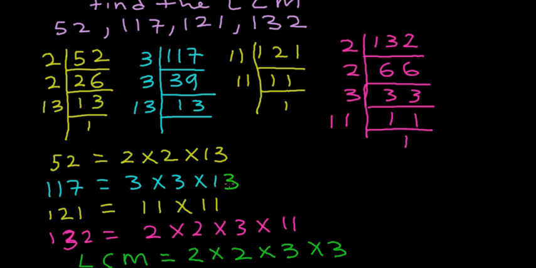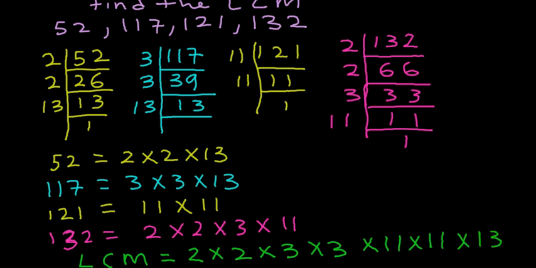Okay, then we go to the next factor, 11. 11 is appearing 2 times here, so we take the highest, which is 11 times 11. Then we go to the last factor, 13. 13 is appearing just 1 time and just 1 time, so we just pick the highest, which is 1 only.